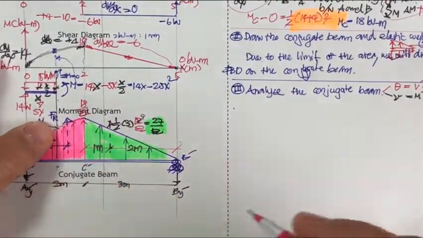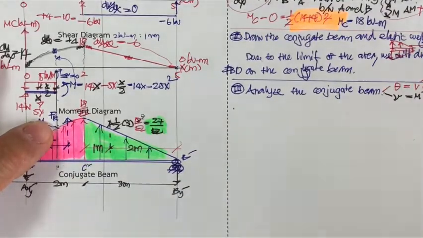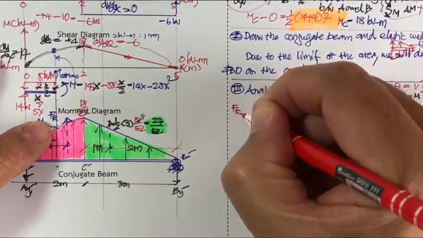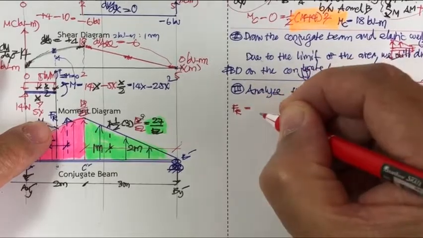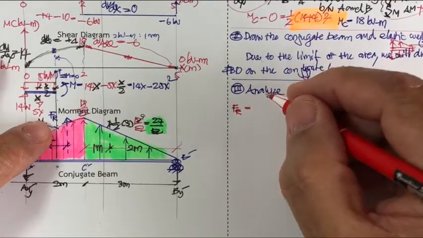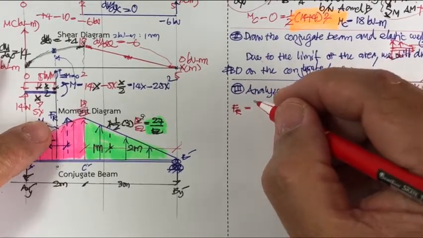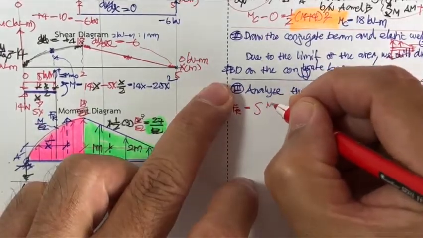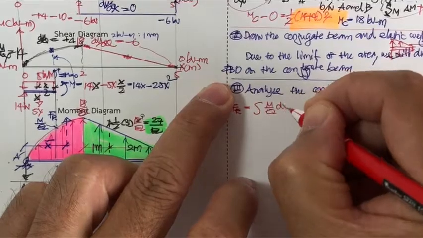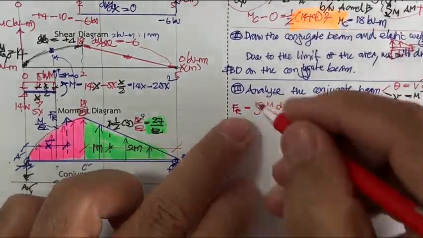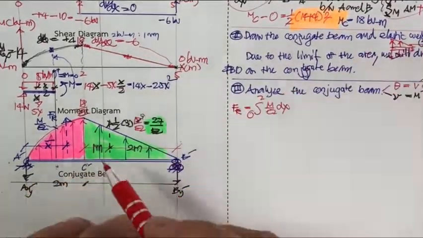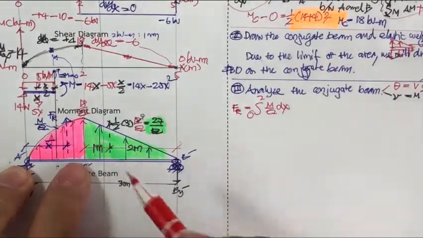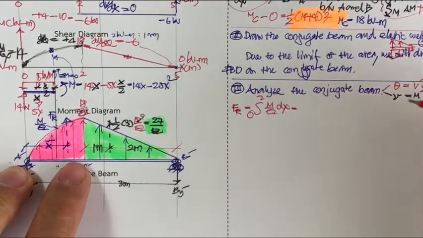So what we have, F sub R is going to be equal to the integration of M over EI dx from 0 to 2, only from this to this. So you're going to integrate.